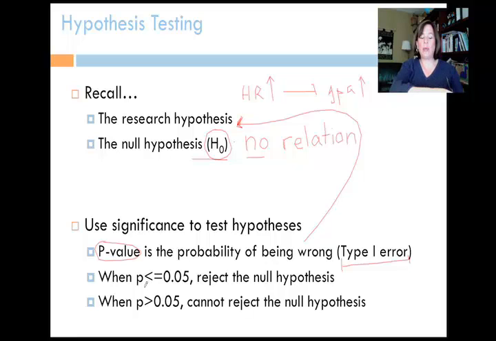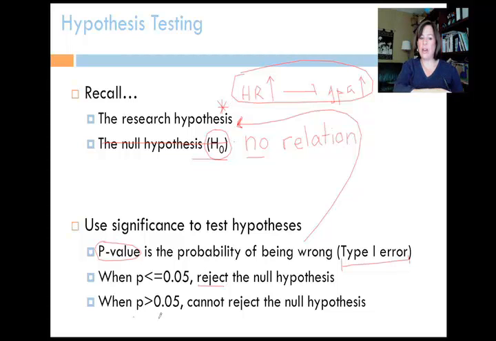When the p-value, or the significance, is less than or equal to 0.05, we reject the null hypothesis. So if we find that our relationship is statistically significant, we reject the null hypothesis, because essentially what we found is that our research hypothesis is true.